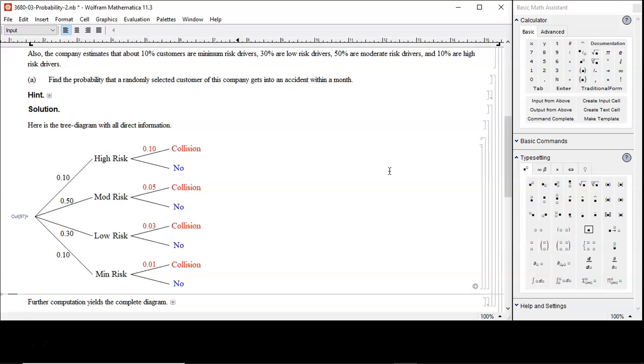And then let's apply the multiplication rule. Basically, we can follow the path, for example, like this. It's going to be multiplication. This times that. You see, it's going to be a multiplication rule.